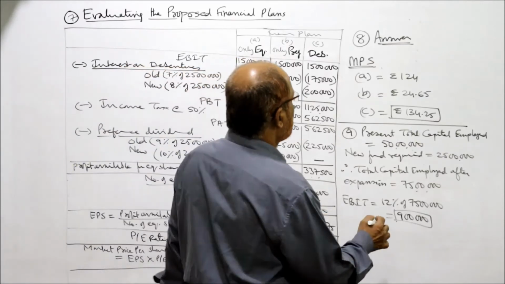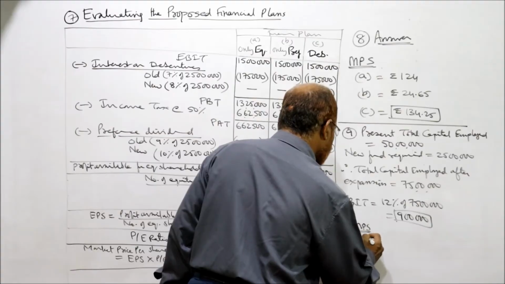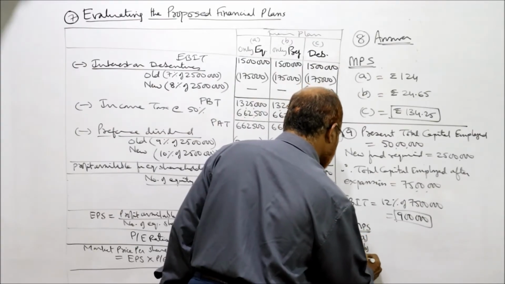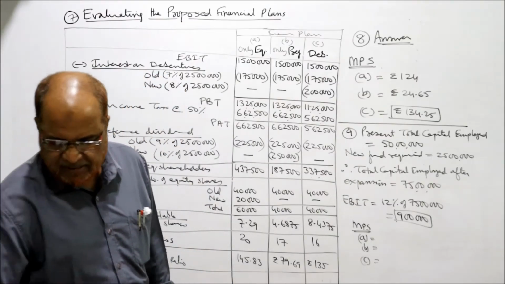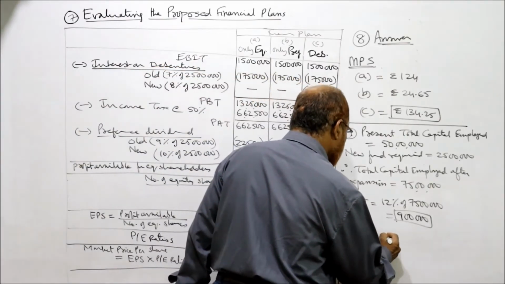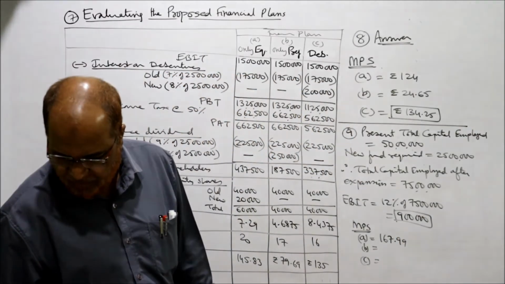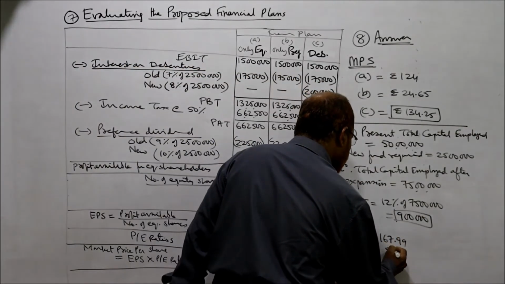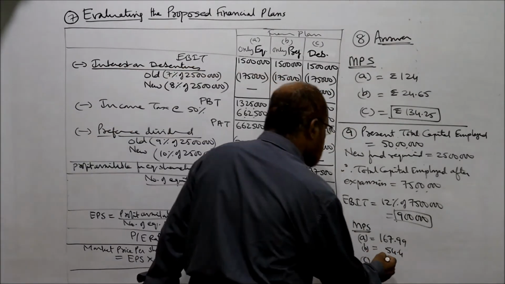And the answer for this problem, MPS A, B and C. The market prices per share are 167.99, second one is 54.4, and last one is 167.99.